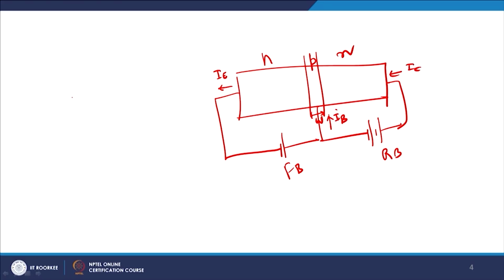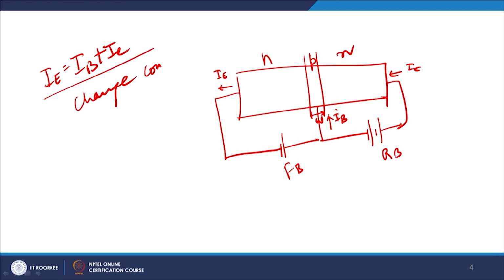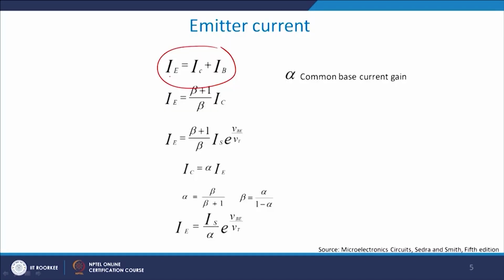So, I can safely write down IE equals IB plus IC, and this is basically the charge conservation principle, that the charge is always conserved irrespective of the type of device you take, or irrespective of the type of material of the device you take.